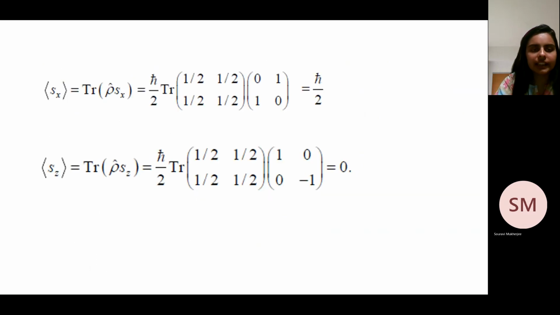If you find the trace of the density matrix with the matrix of some observable like sigma x or sigma z, that gives you the expectation value of that observable, and that's what we get here: the expectation value of sigma x, or Sx or Sz.